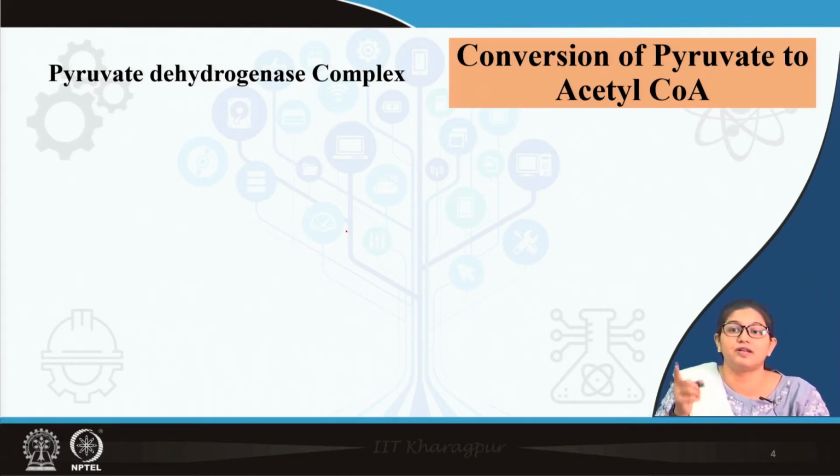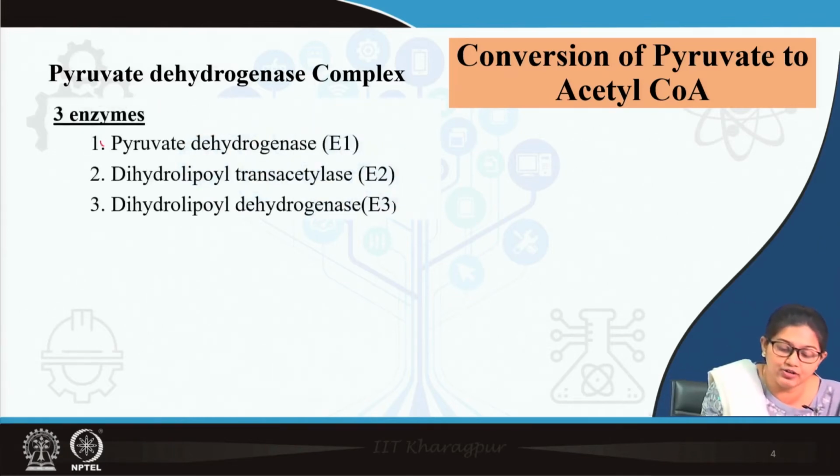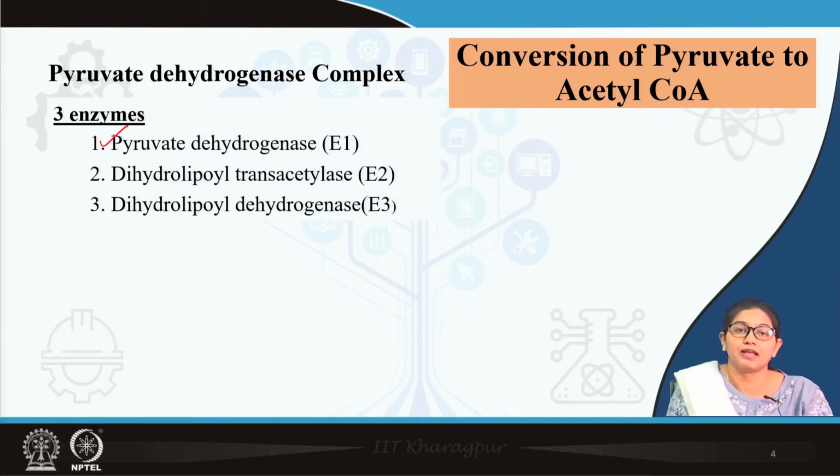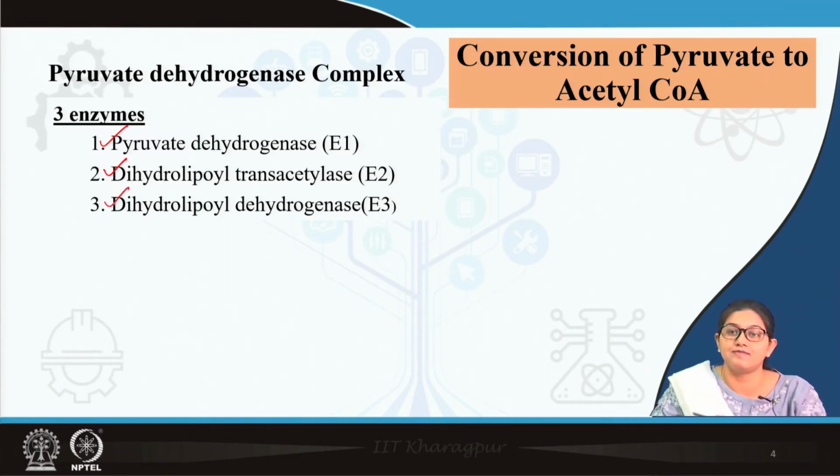Basically, there are three different enzymes present. One is pyruvate dehydrogenase, enzyme 1. Then enzyme 2 is dihydrolipoyl transacetylase, and then dihydrolipoyl dehydrogenase. So, there are three different enzymes present in this enzyme complex.